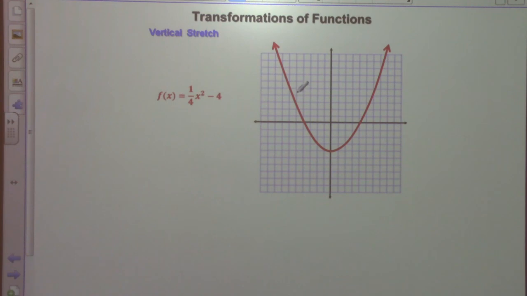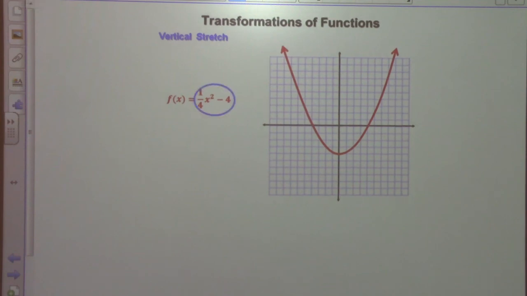Now we're going to talk about vertical stretches and compressions. And what I like to do in the course is really to emphasize talking more about vertical stretches and compressions. And I hope you can understand that a vertical stretch looks kind of like a horizontal compression, doesn't it?